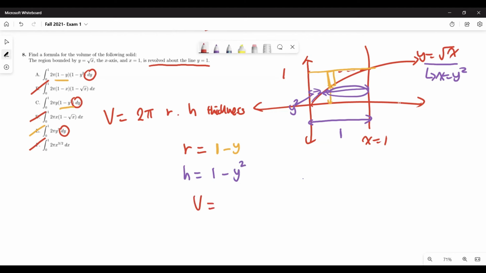Let's rewrite the equation. V equals the integral of 2 pi times (1 minus y), the radius, times (1 minus y squared), the height, and then thickness dy. And this is integrating from 0 to 1. So if you look at the options, the only answer that works is A.